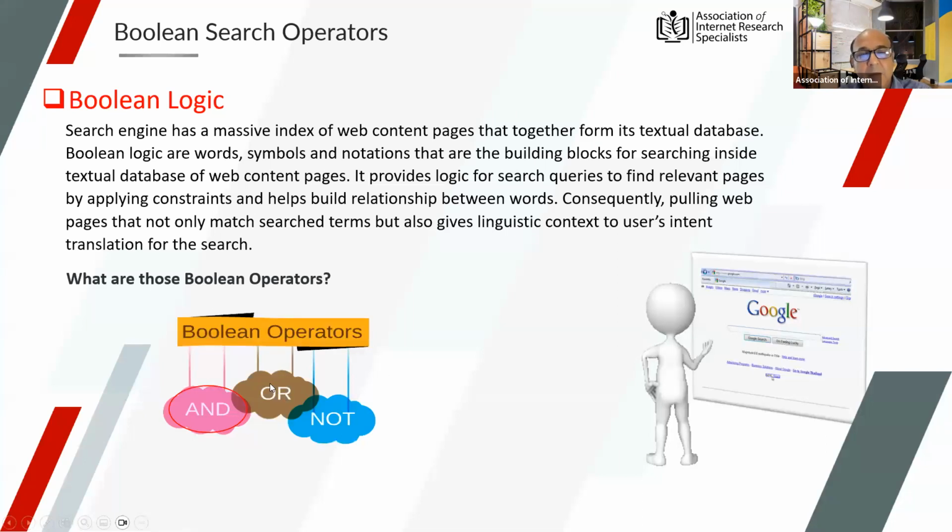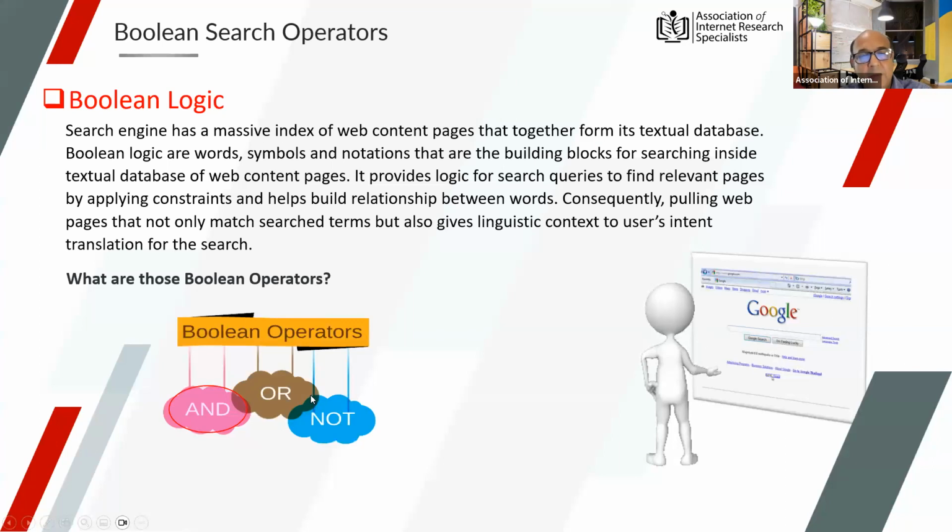Condition again, same. The words or the search terms have to be present on both sides of it, on the left of it and on the right of it. Whereas NOT is a little bit different in the sense that NOT can be used without having anything placed on either side of it.